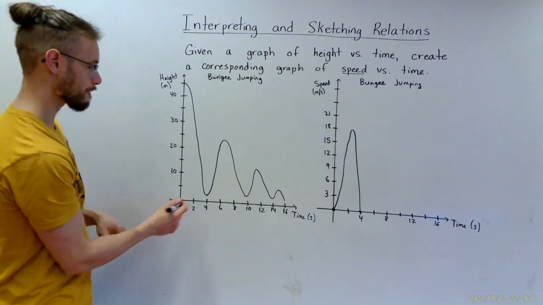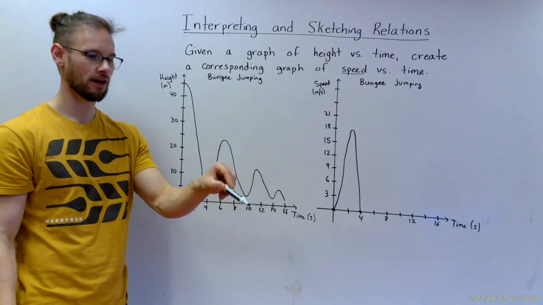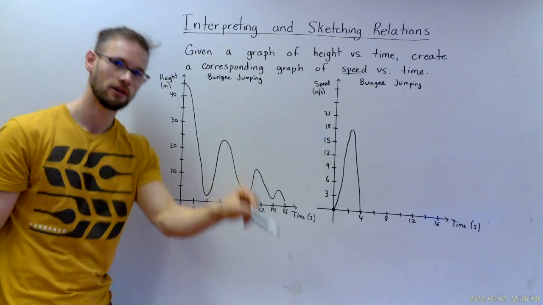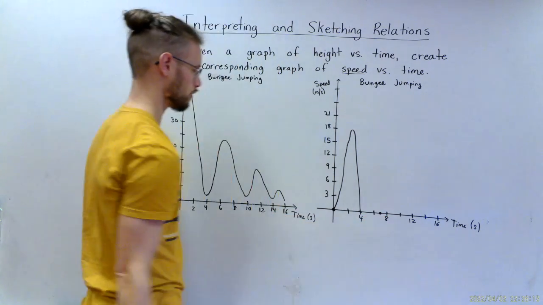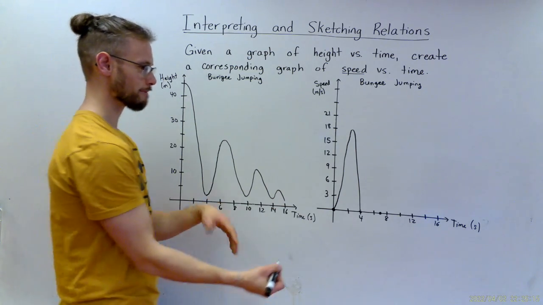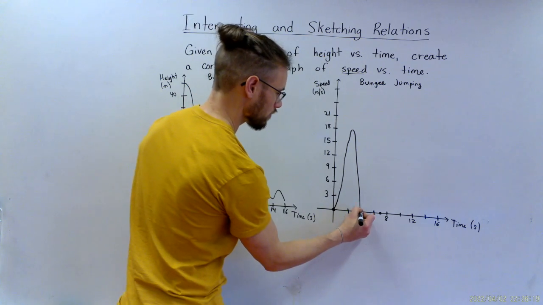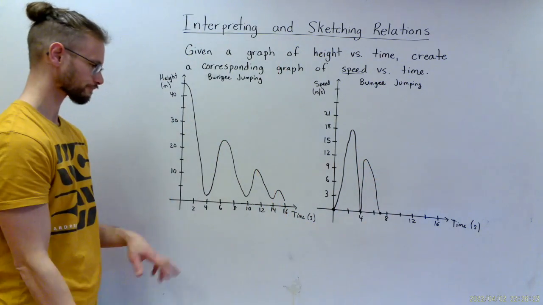Now, am I motionless at any other moment? Well, yes, I am. I get shot back up, cord's pulling me up, and just before I start to fall again, I'm motionless. So at 7 seconds, I'm motionless. What happens in between those two? Well, obviously, I speed up, probably not to the same velocity, but something to that effect.